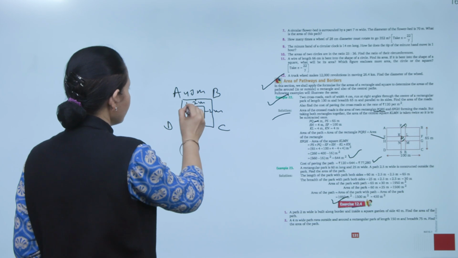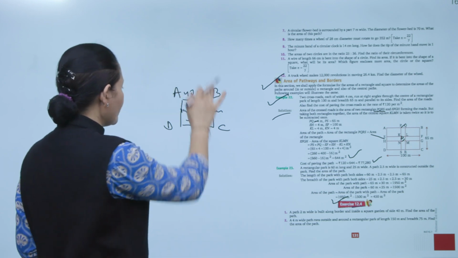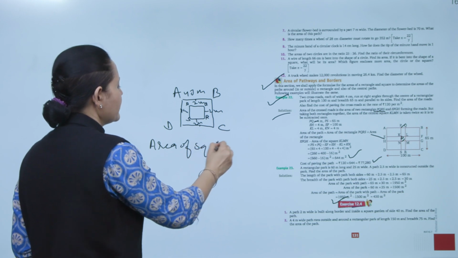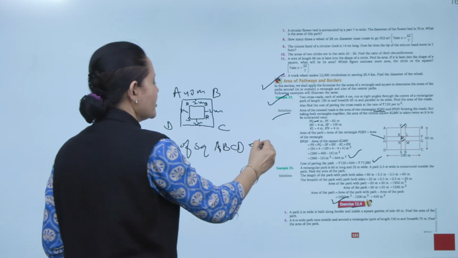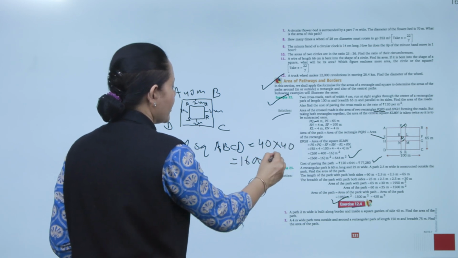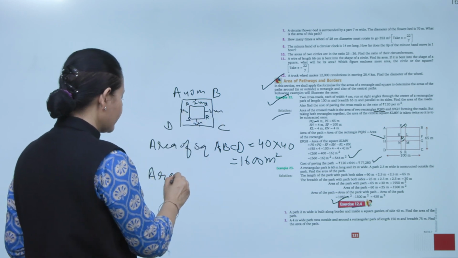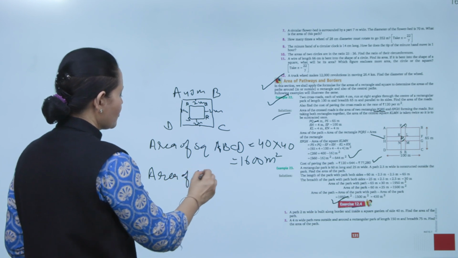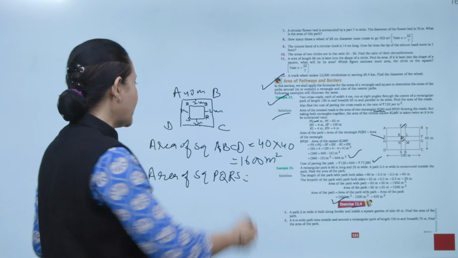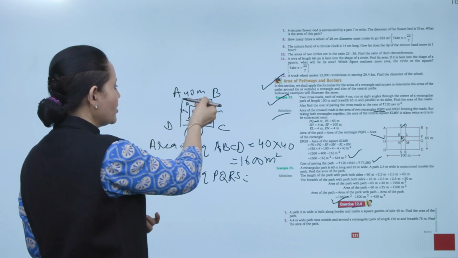Now, this is PQRS. So, first we will find the area of square ABCD, that is equals to 40 into 40, 1600 meters square. Now, the area of inner square PQRS. Now, the path is 2 meter wide. So, 40 that is the width. 40 width है, 2 यहाँ पे कम होगी, 2 यहाँ पे.